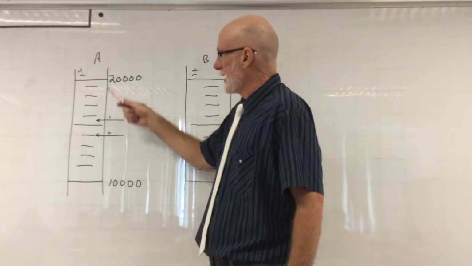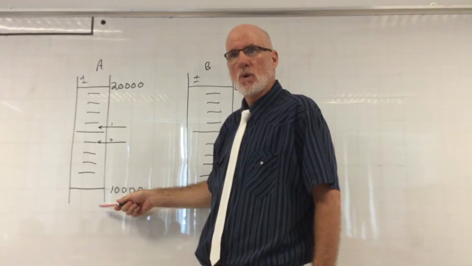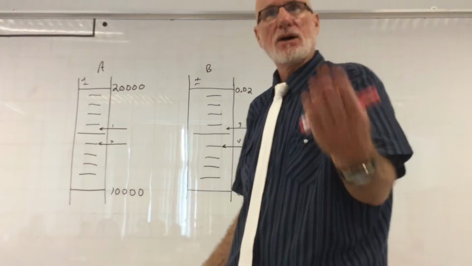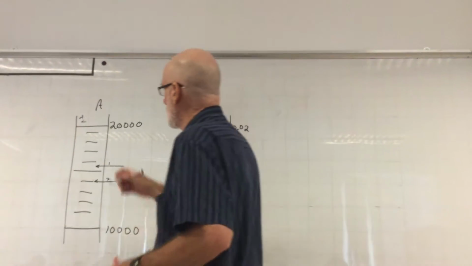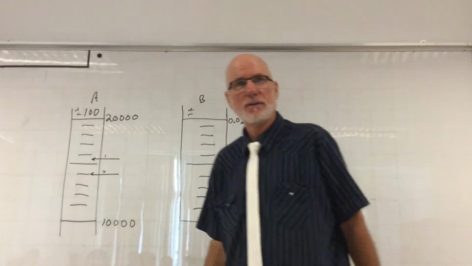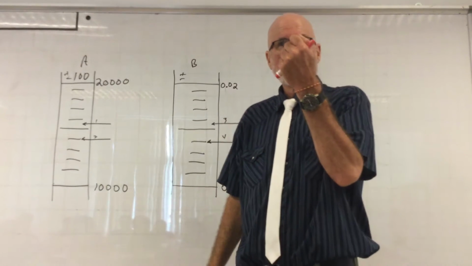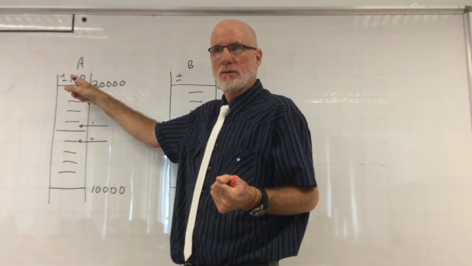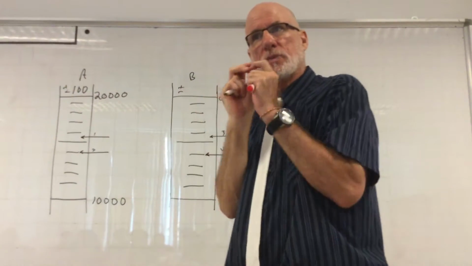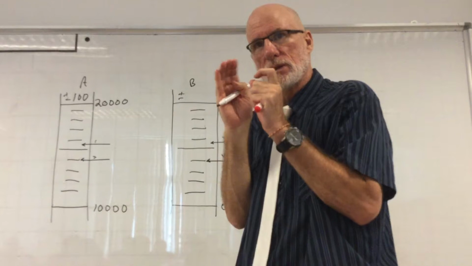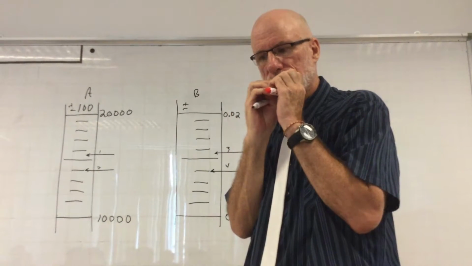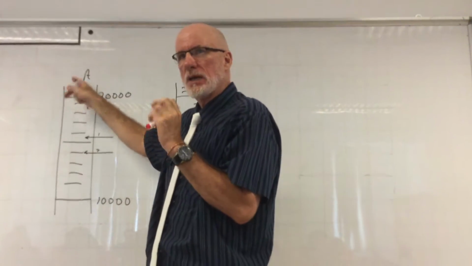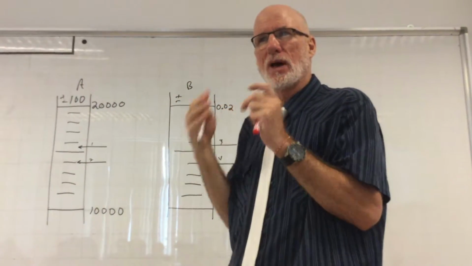I know that this is 10,000s, correct? 1 less than 10,000 would be thousands. 1 less than thousands would be hundreds. So it's going to be plus or minus 100. Clear? So the precision is hundreds. I'm defining precision again in a different way.